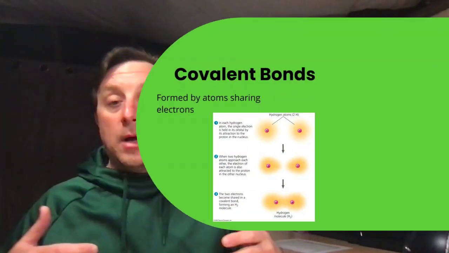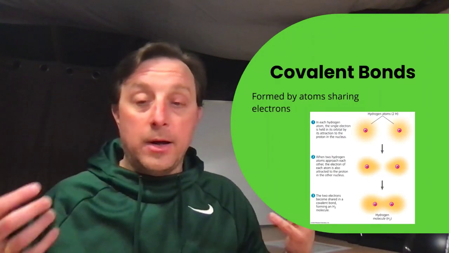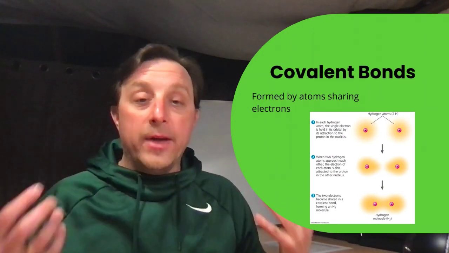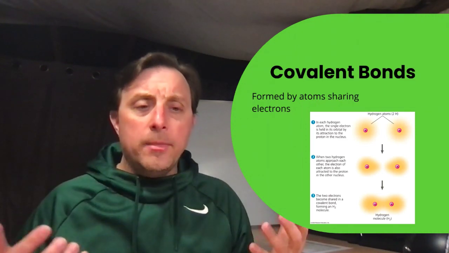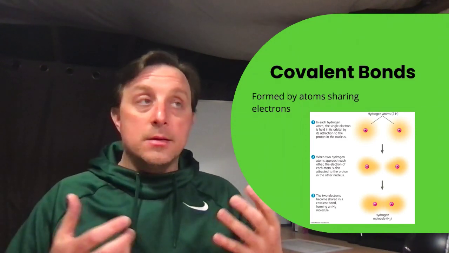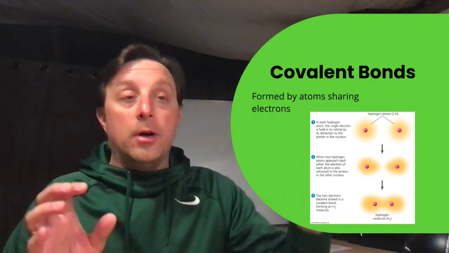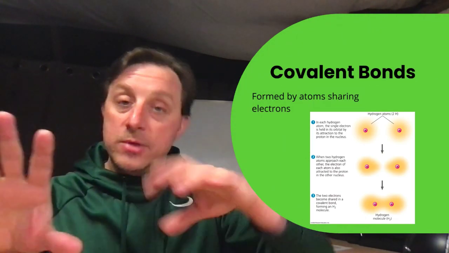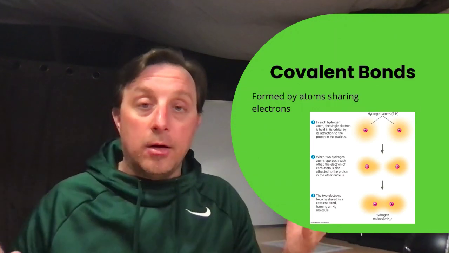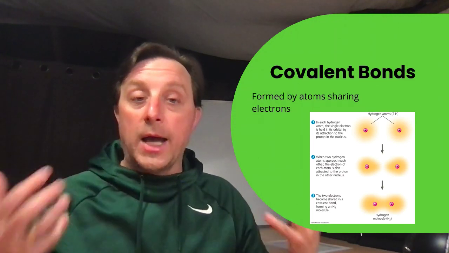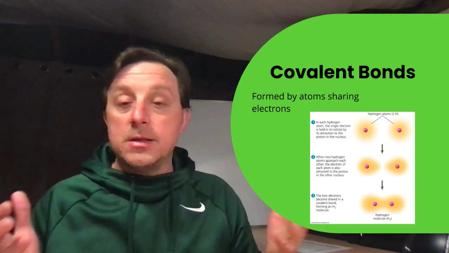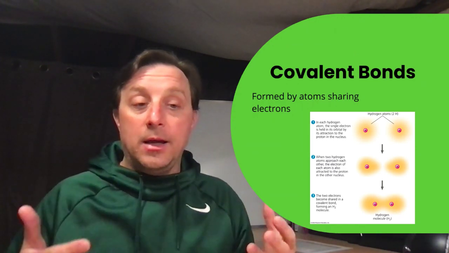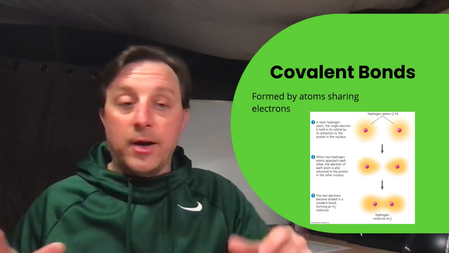The other type of chemical bond are the covalent bonds. These form when electrons are not transferred, not moved from one atom to another, but they're actually shared between two atoms. So these are elements that are closer together in electronegativity values.